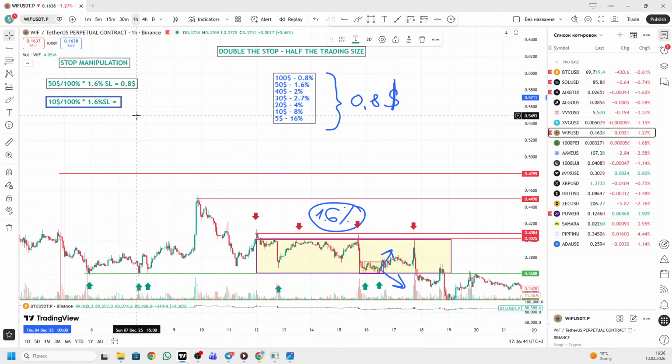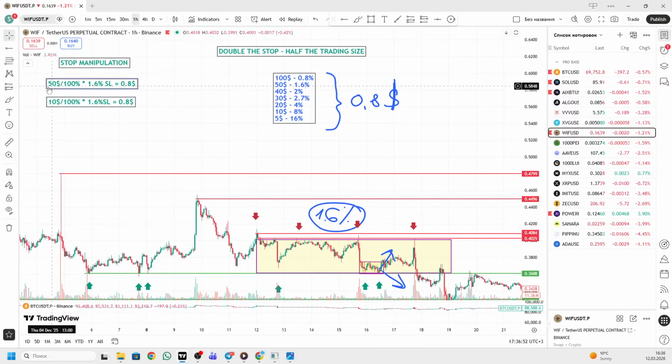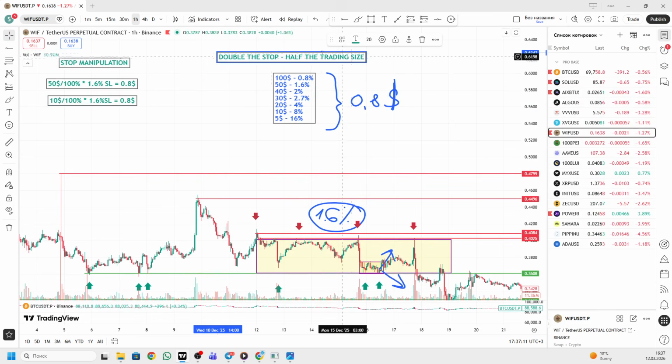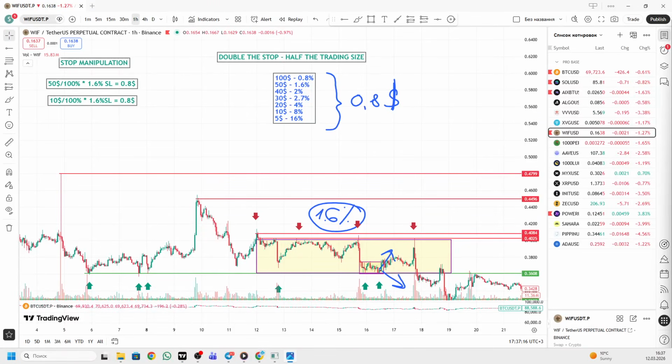Who will tell me? $0.8, of course. Still 0.8, 80 cents. You see? By this formula, you can count your trading size and your stop loss. It's a very important formula, and I want you to stick to it very strictly, because it is important.